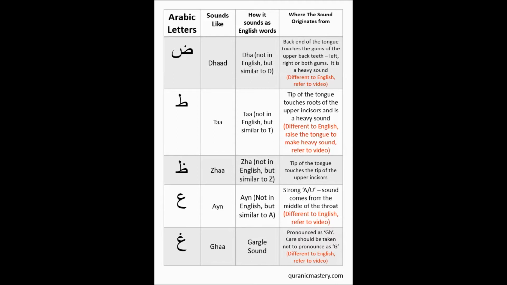Say Ain, Ain, Ain, okay? Now you may say it with a little less emphasis than me, however, it should be strong. It should be coming from the middle of the throat. My Ain is quite strong, but if you use a slightly lighter ain, that's still fine. But you can't say it as nothing.